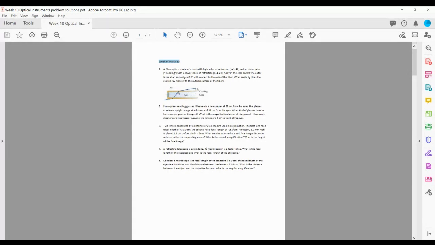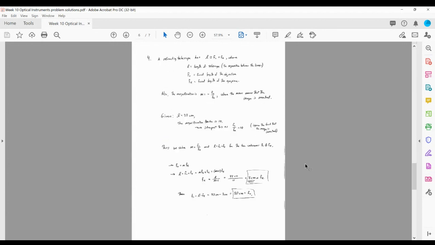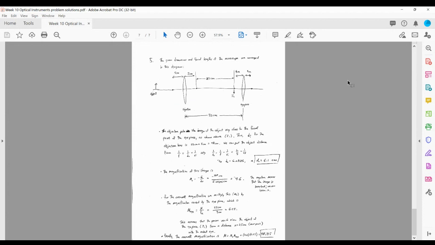Yep, we see it. Yeah. So ignore the March 30th, because that was last semester. And so here are some 5 problems that I work out. One is about a fiber optic, so relating to stuff from last chapter. The glasses one, which is worked out in the slides, telescopes, and my written out solutions, some of which are in those slides.